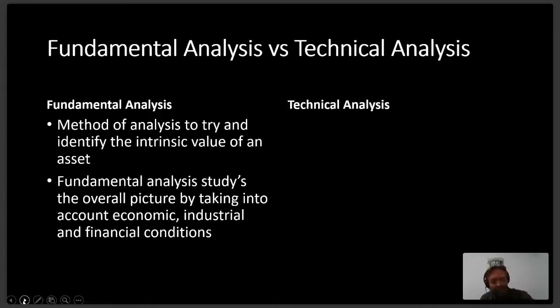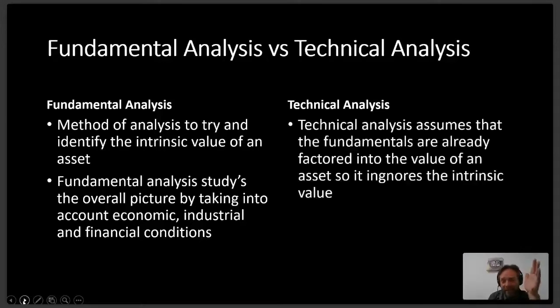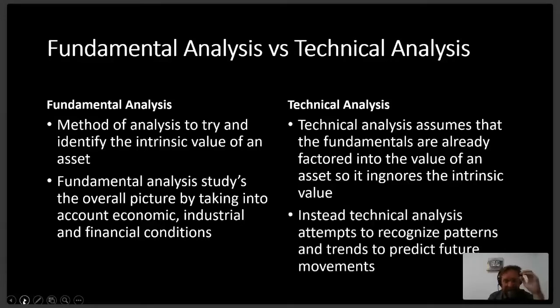Technical analysis, on the other hand, assumes that the fundamentals are already factored into the value of the asset, so it ignores the intrinsic value altogether. Instead, technical analysis attempts to recognize patterns and trends to try and predict future movements of that asset.